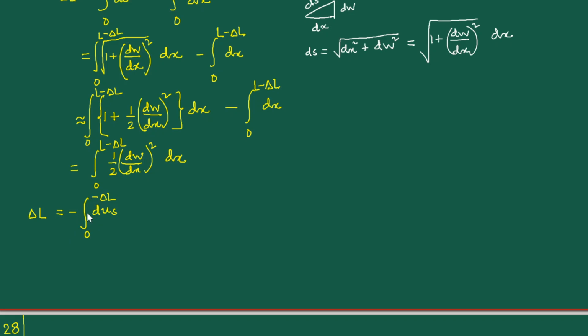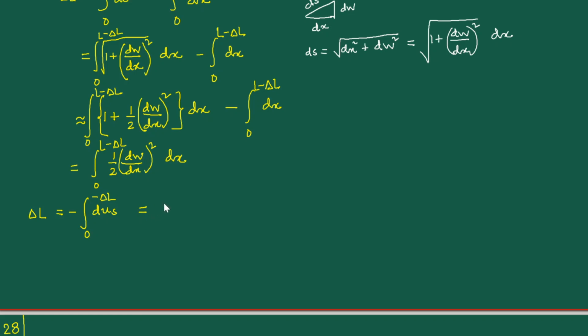Because this integration from 0 to minus delta L is going to give me just a minus delta L, but then to adjust with the left hand side I need this minus. So this integration represents the shortening of the beam in terms of the displacement variable US.